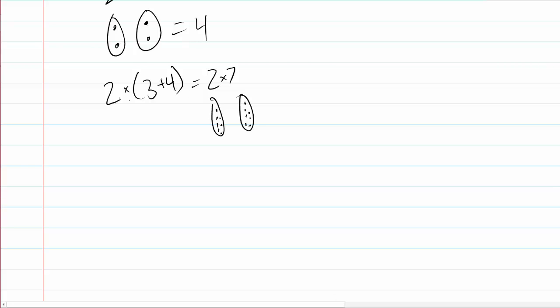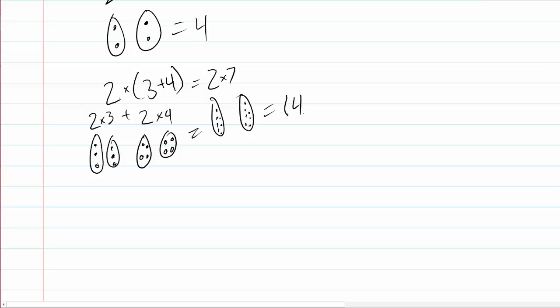Or we can view this as 2 groups of 3 plus 2 groups of 4. And when we count the dots here, we can see that both of these are 14.